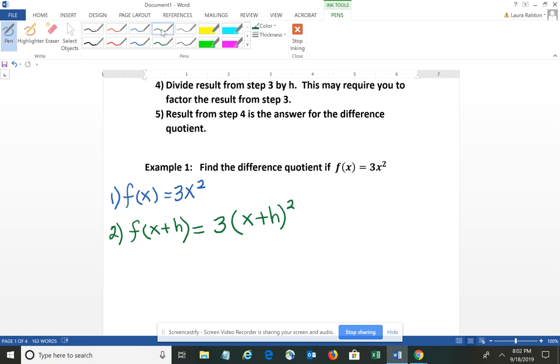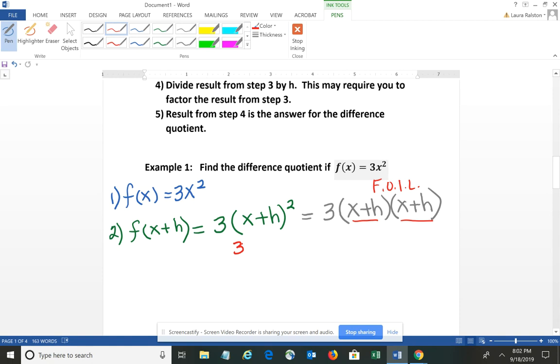Now I need to simplify that, but be careful. This idea of squaring, remember, that literally means you need to do x plus h times x plus h, and you need to use the FOIL method or the distributive property to do that. So I'm going to multiply together x plus h and x plus h, and I use FOIL to do that.